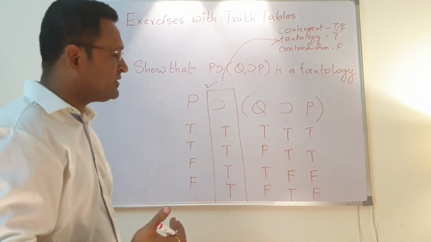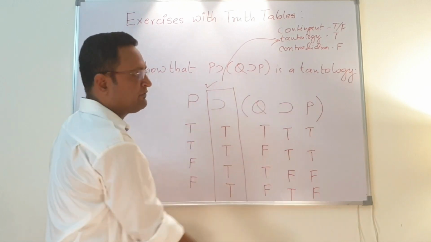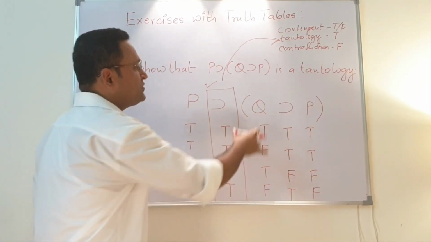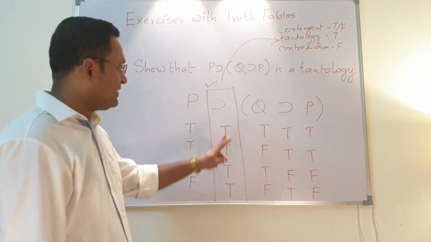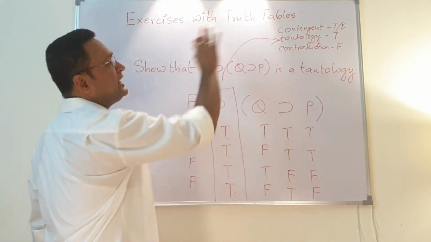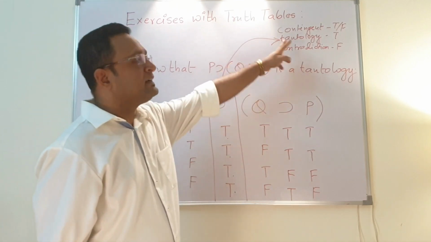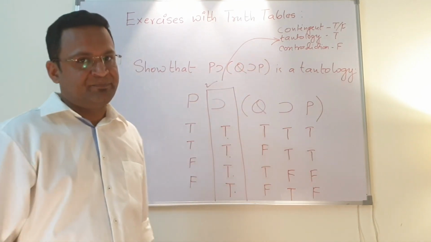If you are well versed with it, you can directly put the values in appropriate fashion, then calculate the value, because you know the bracket is here, so you calculate this value first, then you will find the final value. As you can see, all the values are true, therefore it is a tautology. So with the help of a truth table it is proved that the proposition P implies Q implies P is a tautology. Fine.